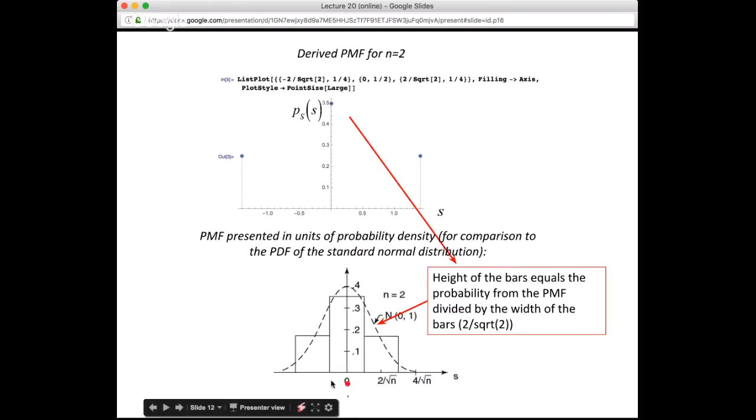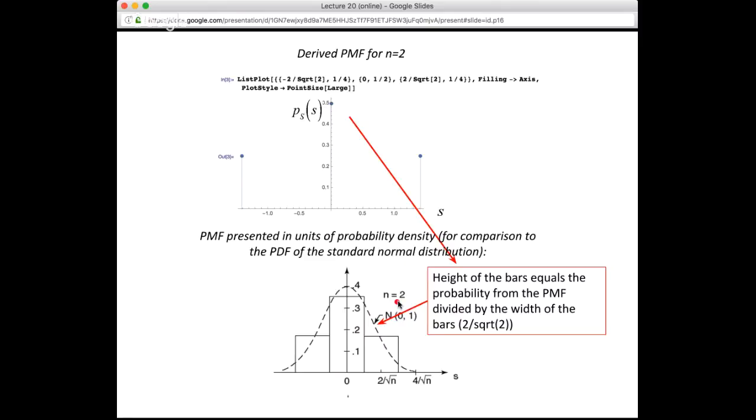Why is that interesting? Because then we can compare the PMF that we've derived directly with the standard normal distribution, which is shown as the dashed line there. And you can see, yeah, our PMF is beginning to look a little bit like a Gaussian distribution, even for the case where we just have the sum of two of these random variable xi's. And obviously, those xi's look nothing like a Gaussian distribution. They're just two spikes.